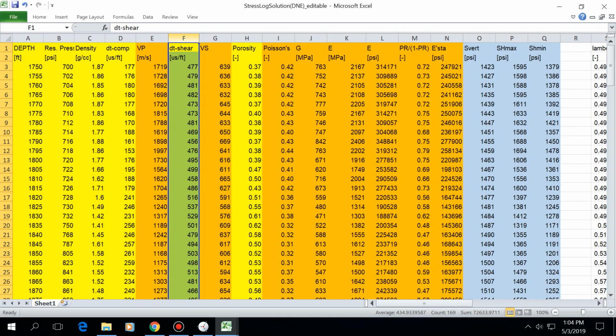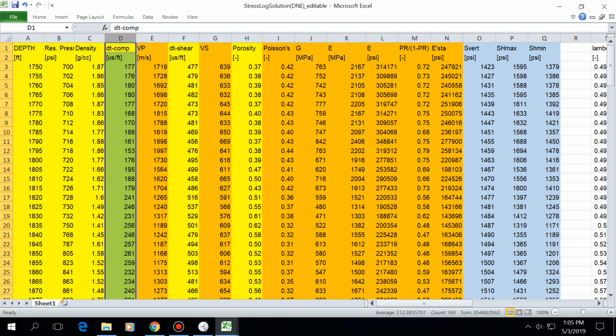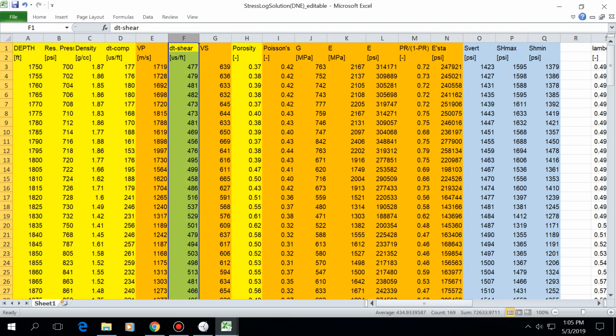You may have to answer that to Professor Torres Verdi. What kind of sonic? What tool? Dipole, right? This is not most conventional tools. They just measure P, but to measure S, you need an additional feature in the tool. So not all well logs have shear.